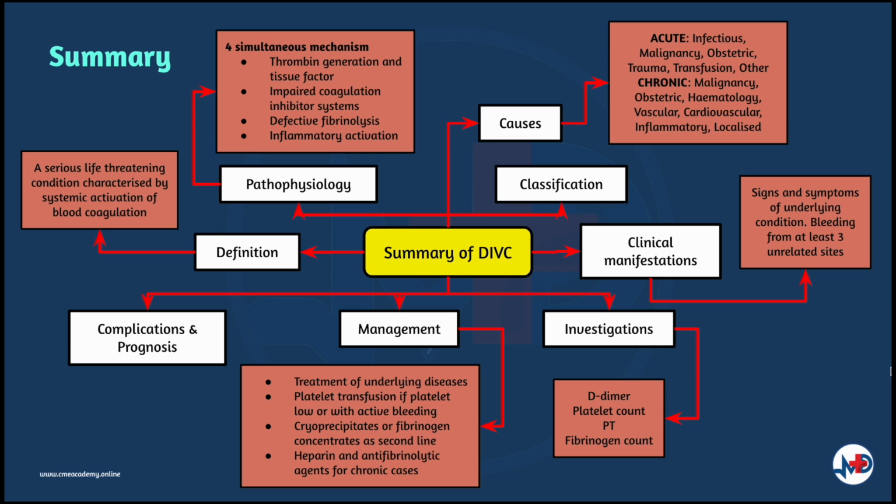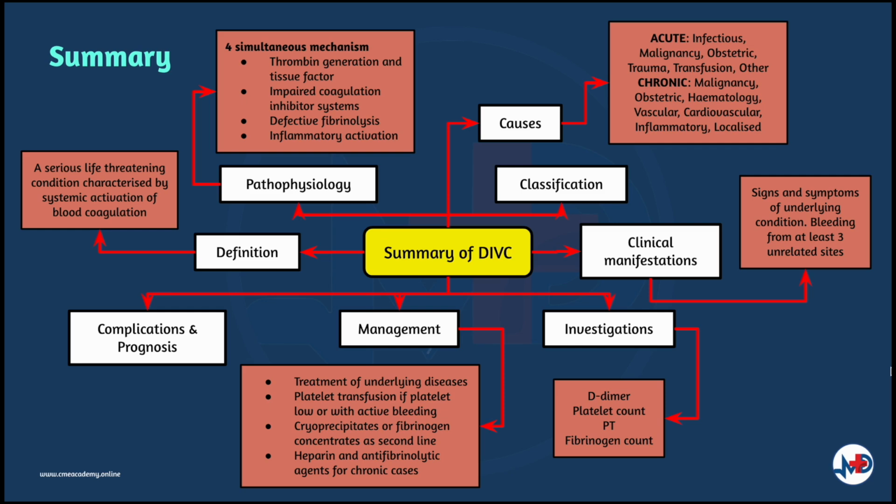Acute causes include infection, malignancy, obstetrics, trauma, transfusion, while chronic causes include malignancy, obstetrics, hematology, vascular, cardiovascular, inflammatory, and localized causes. Signs and symptoms depend on the underlying disorder, and do note that most of the patients can bleed from at least 3 unrelated sites.